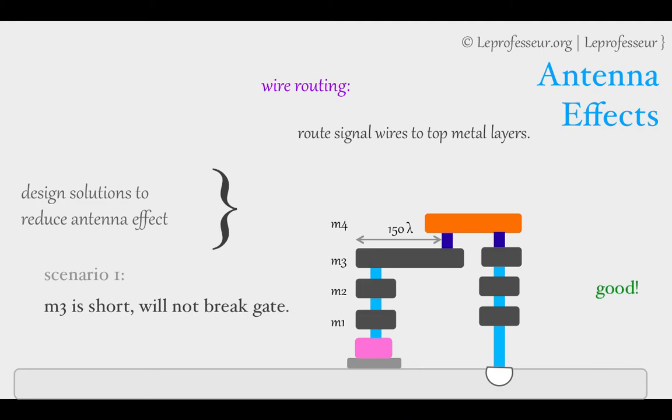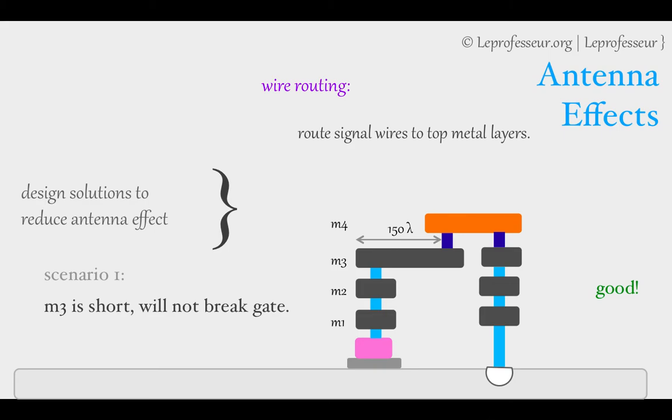So your circuit is good. Now whether 150 lambda is right or wrong, one needs to check with the technology. But here, to give an example, your metal line M3 is short, so you are safe there.